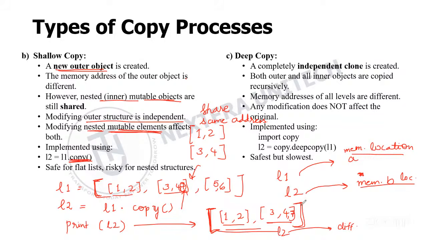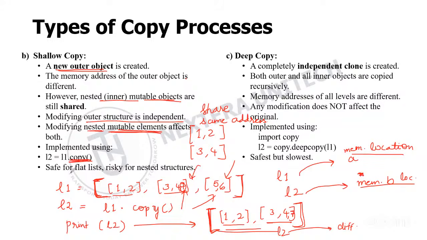So if I modify the inner lists, that will be reflected in both lists. But if I modify the outer list, adding or removing elements, that would be reflected only in the list where I did it. It's a little confusing, but we'll understand with code, don't worry.